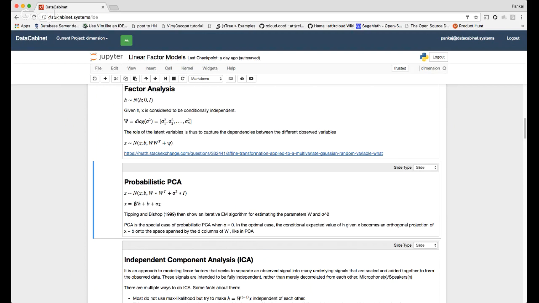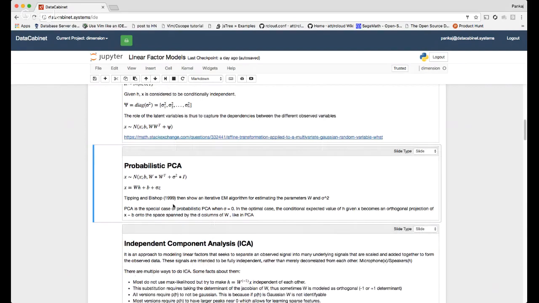So given some data, you know what dimension to take it to. It can figure out the weight matrix and the noise to add to it. So if sigma is 0, it becomes plain PCA. But otherwise, this is probabilistic PCA.